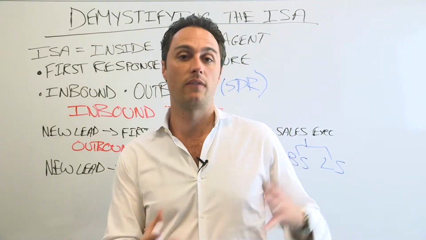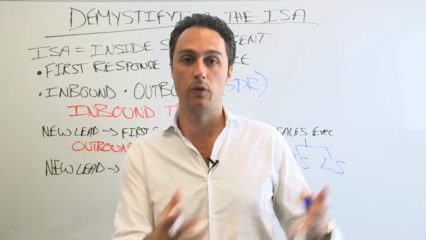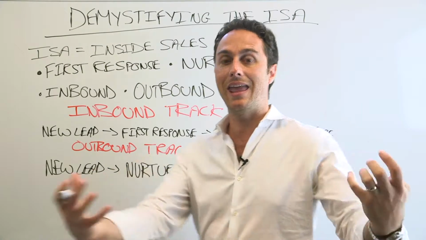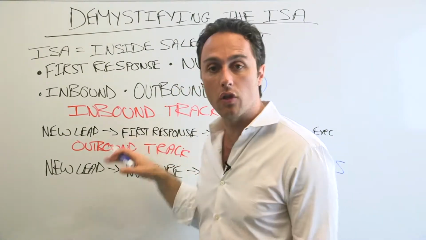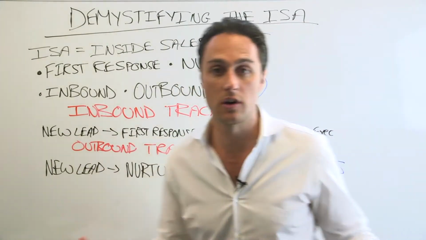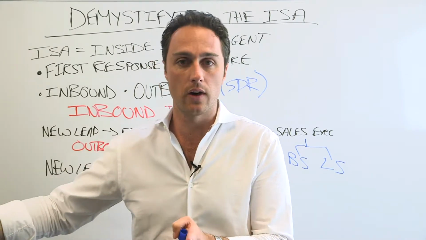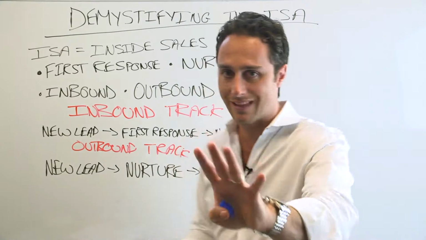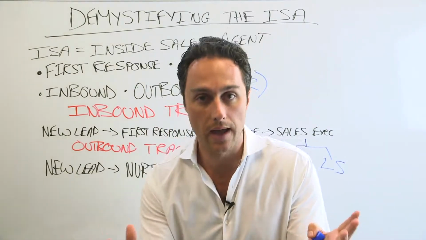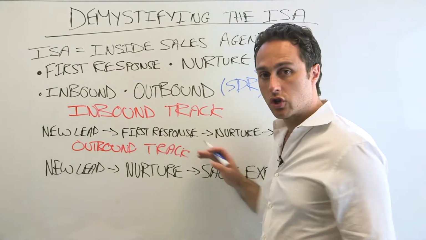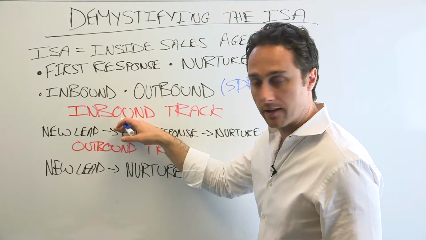It's actually the way I've traditionally had it set up until we've now moved first response out because there's too much first response needed. This person can't handle all the first response because then their nurture starts to slack. And we could have just simply kept adding more nurture ISAs, but we chose to go that route. Nevertheless, if you have one ISA, they can be the same person. Nurture and first response in the inbound track.